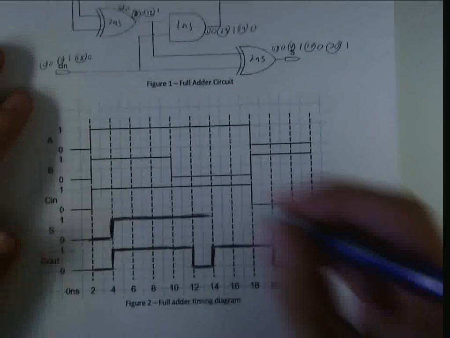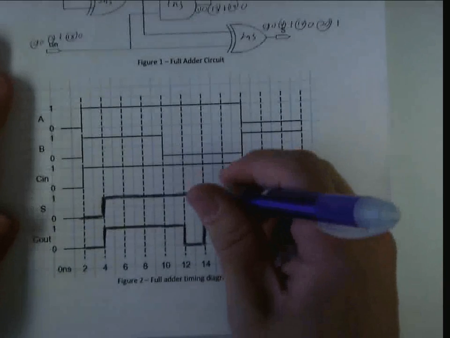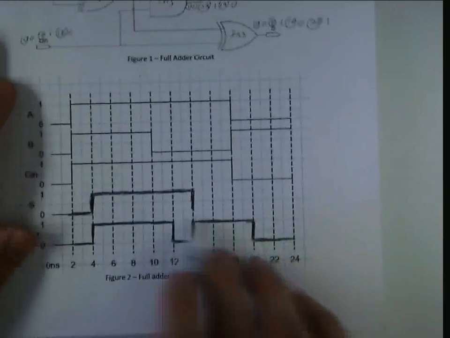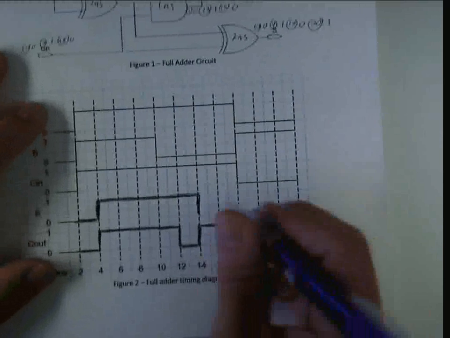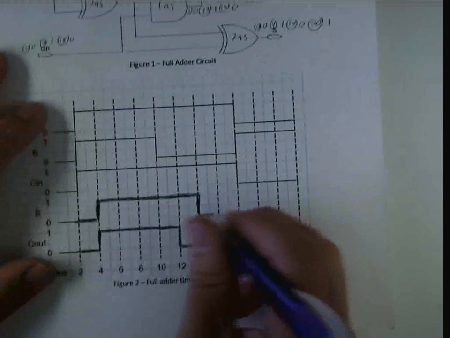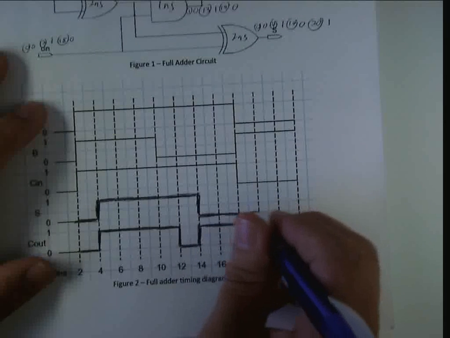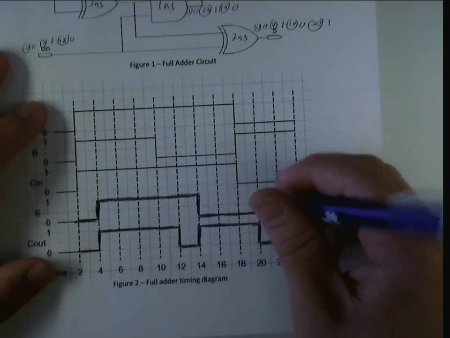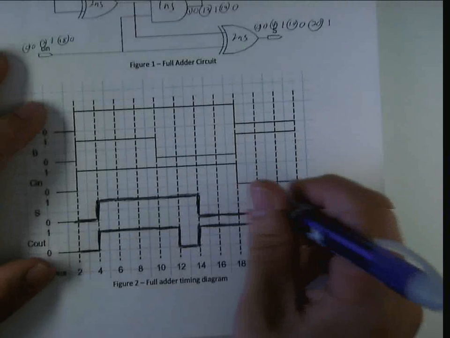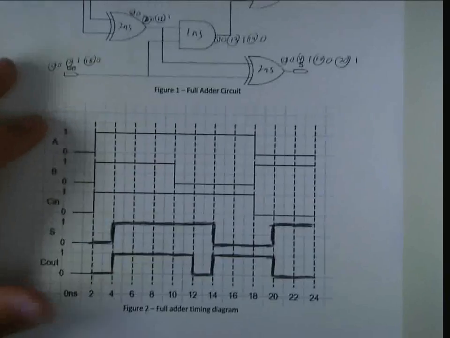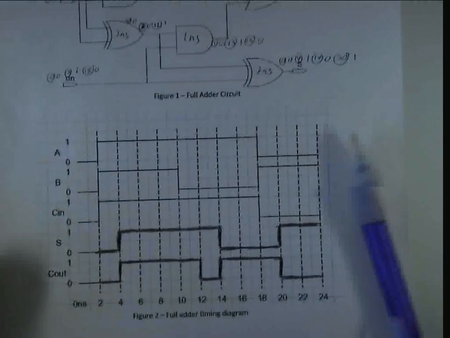And then this will drop down to 0 at time 14, and then stay at 0 until time 20, when we will switch to 1. And that completes part 1.